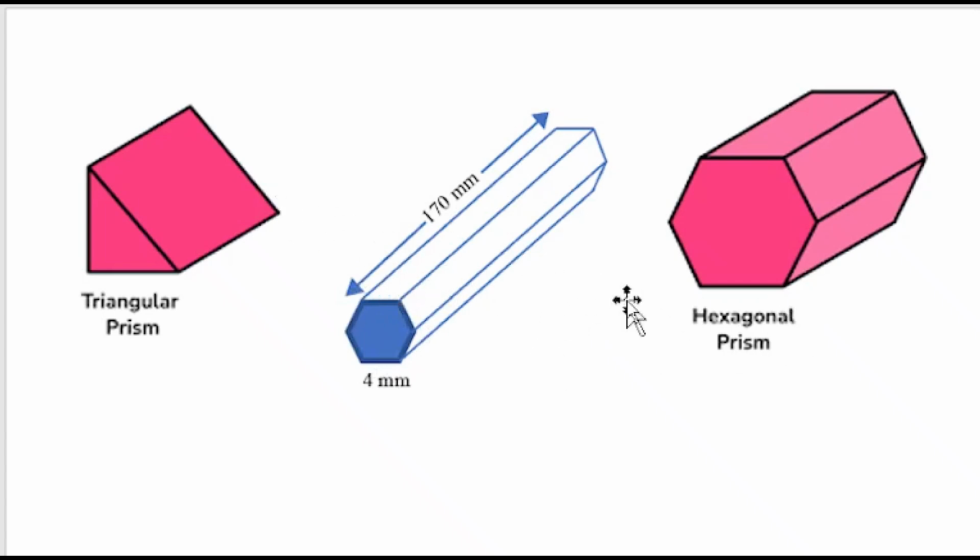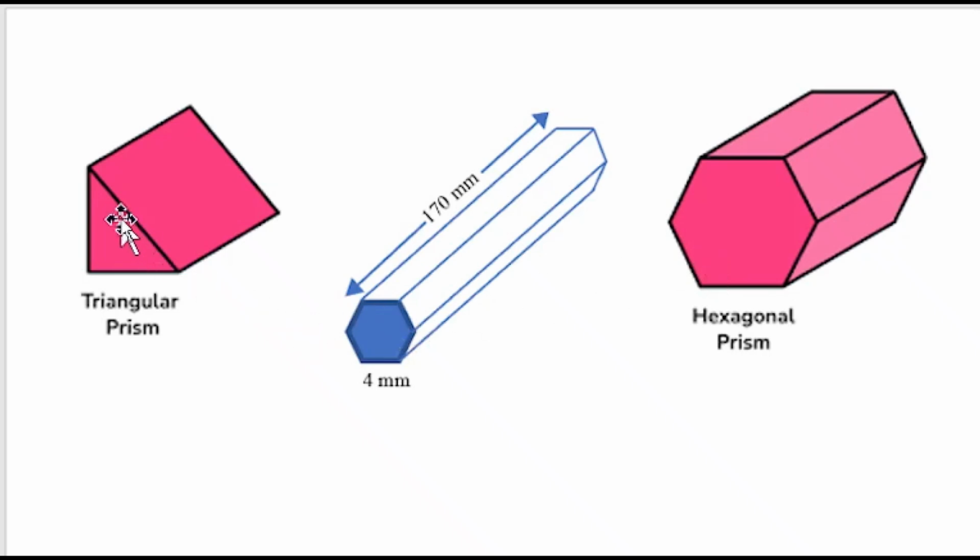Prism is like a cylinder, but the top and bottom are not round; they have 4 sides, 5 sides, 6 sides, or are triangles.